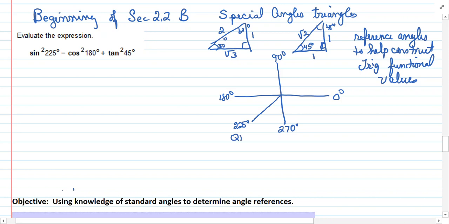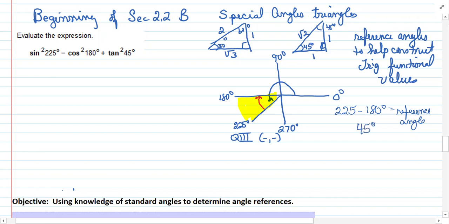We're in quadrant 3, where we have negative and negative, and our angle is right there. Our reference angle is this portion right here, which is the 225 minus the 180 degrees. So if I do the math, I'm going to get 45 degrees.